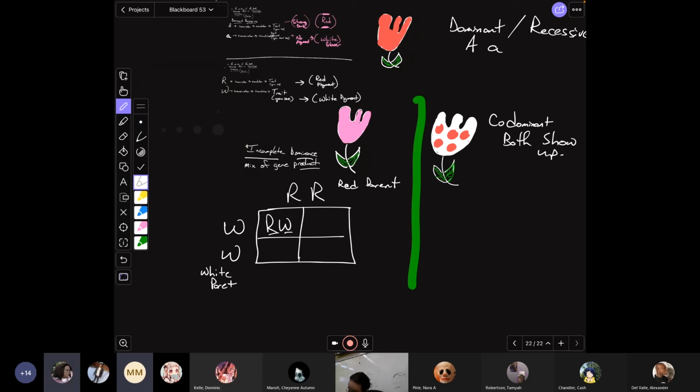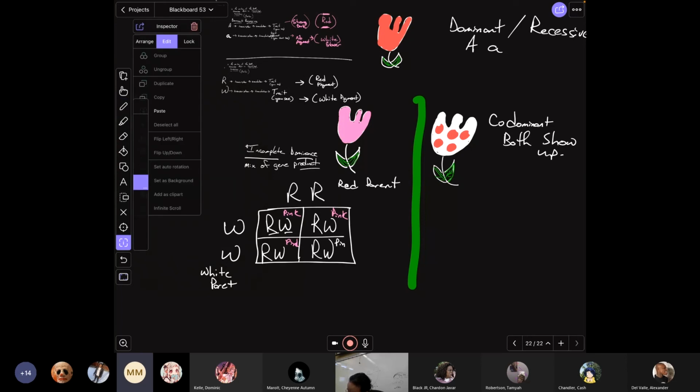Because it's mixing white and red. That's right. It's pink. Here, so this is R and W. So this is pink. And this one's R and W, and so pink. And this is R and W, and this is pink.